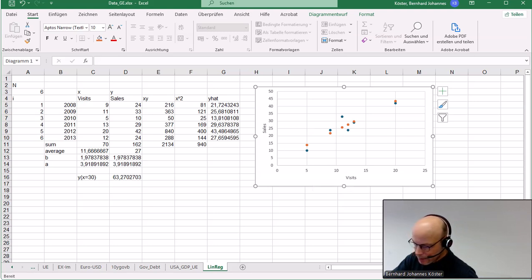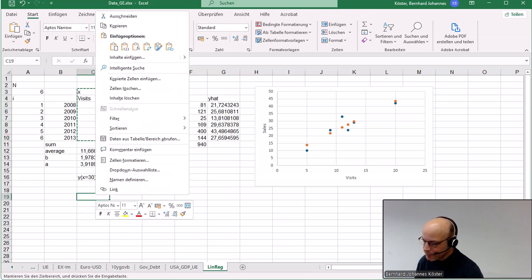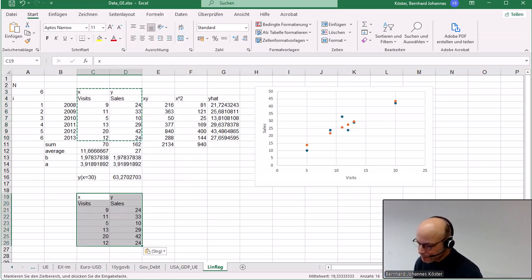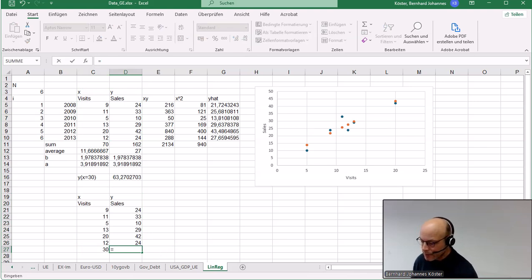So maybe we can also plug this into our picture. For this, let's copy these numbers here. And then we take 30 visits and our 63.